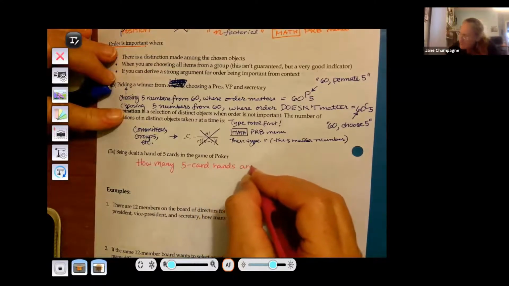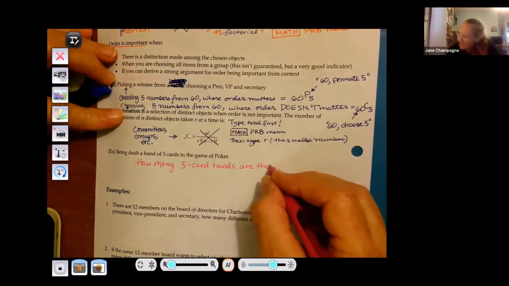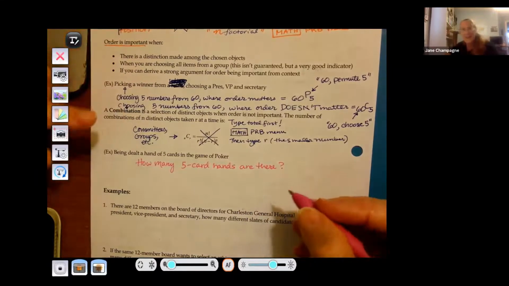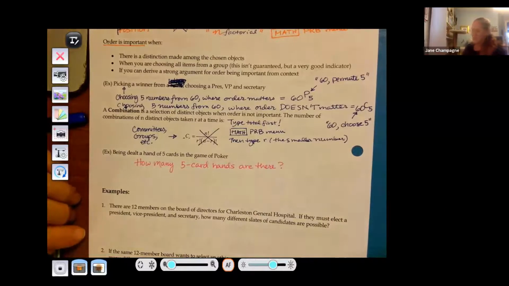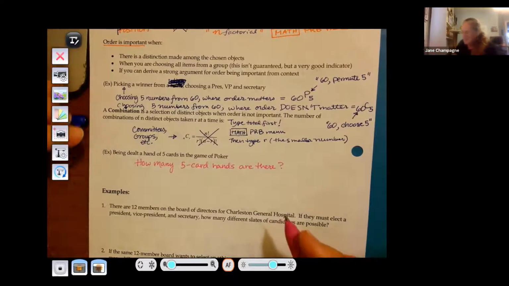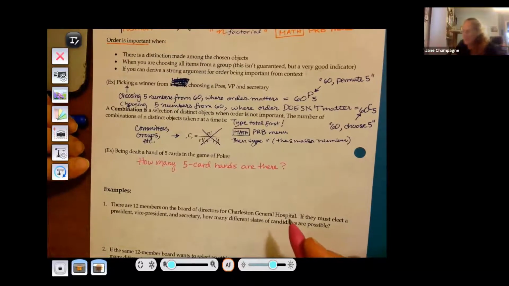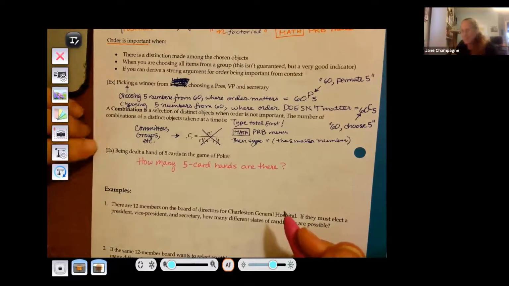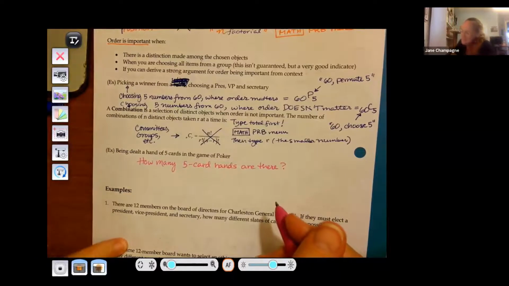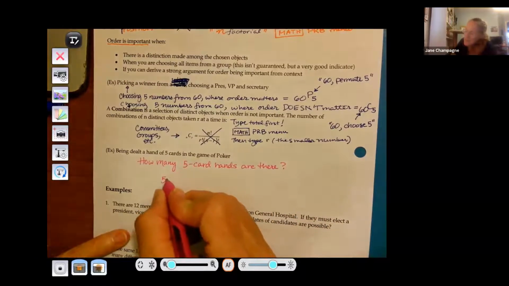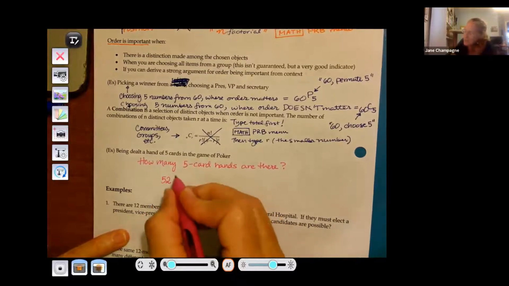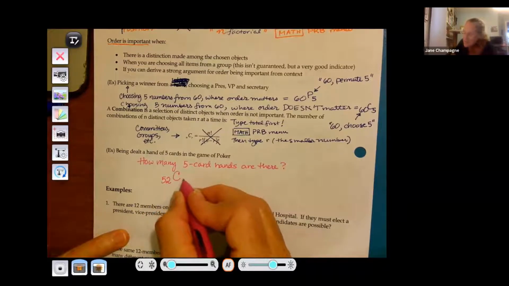And this is real important for probabilities of different hands in poker. If you remember, I mentioned that the history of probability is based in old gambling games and people wanting to know what's the probability of winning. So in this case, there's 52 cards in a deck, and we want to choose 5 of them.